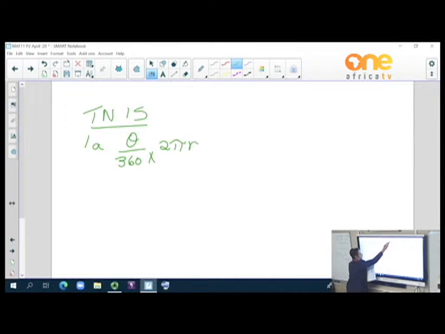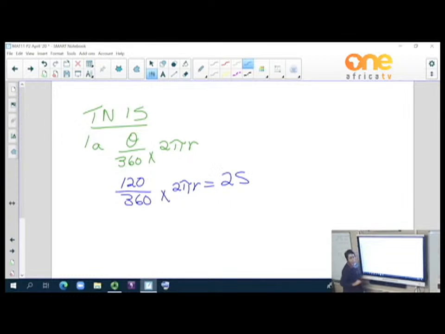If I substitute now, the angle is 120 degrees over 360 of 2 pi r. R is what I need to find, and what I have is the answer: the arc length is 25. Can you see? The arc length is 25. So it's now just a little calculation, and it's all about opposite operations.